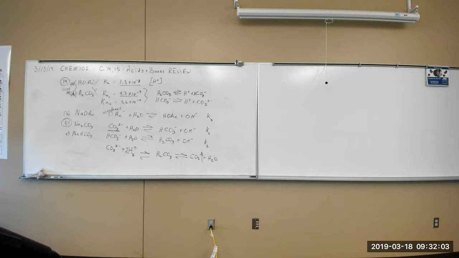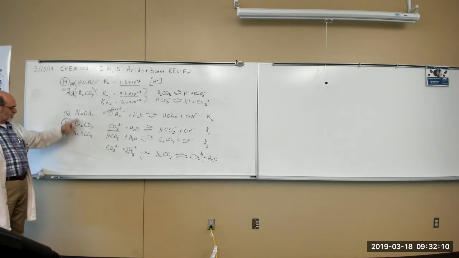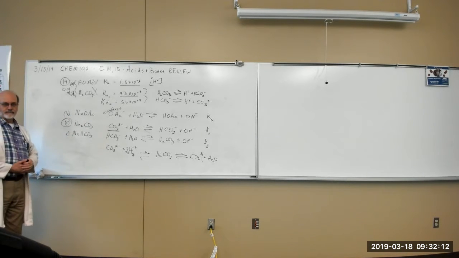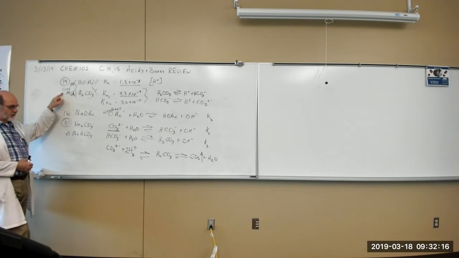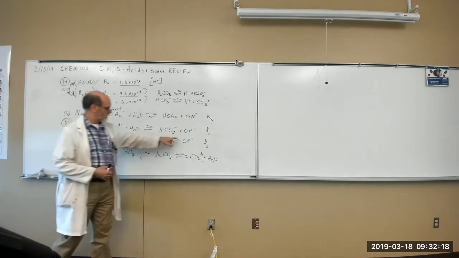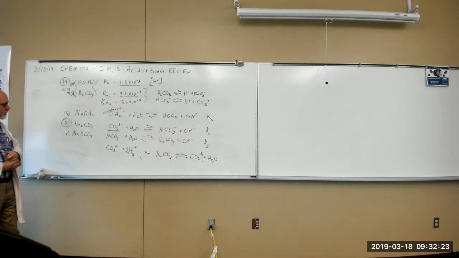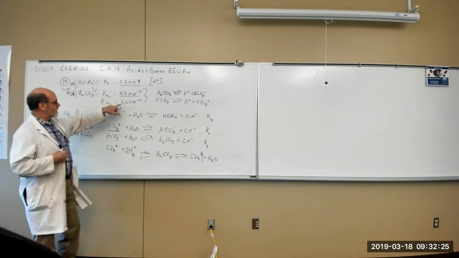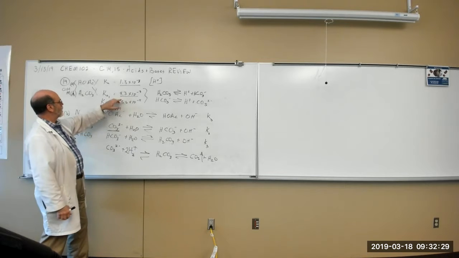So we know that sodium carbonate is a very strong base. Yes, it's the strongest of these three. So it has the highest pH. Yes. As long as they're the same concentration, it will give you the highest pH. We just have to infer that. You infer it from the fact that this is the weakest acid reaction of all three.